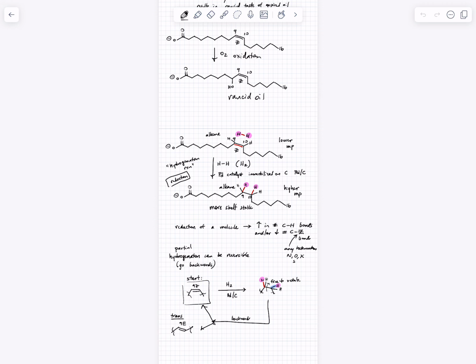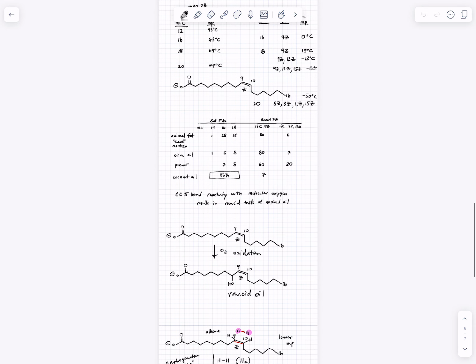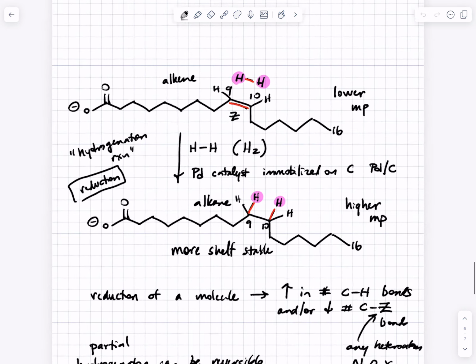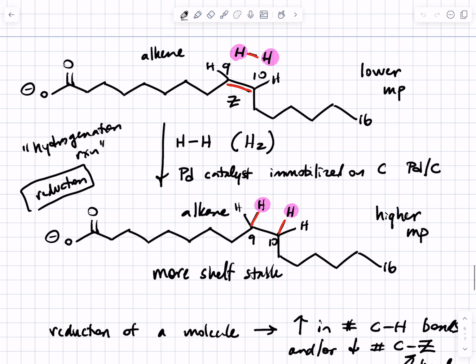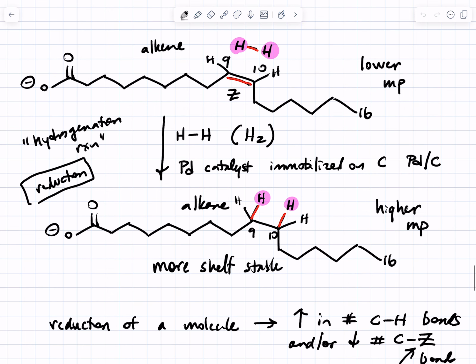Today we want to review something I mentioned last time, and that was this hydrogenation reaction where you basically add one molecule of hydrogen to a pi bond to create two new CH sigma bonds.